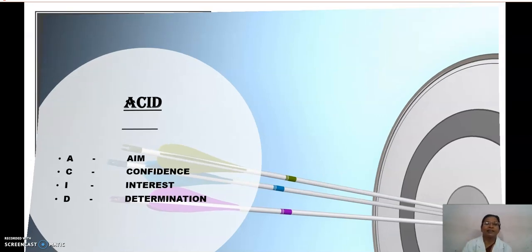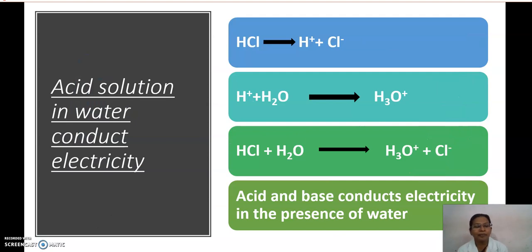So again, we are continuing. Acid solution in water conducts electricity. That is the last experiment we have seen. Hydrochloric acid is conducting electricity. So what is happening to this hydrochloric acid in the water?